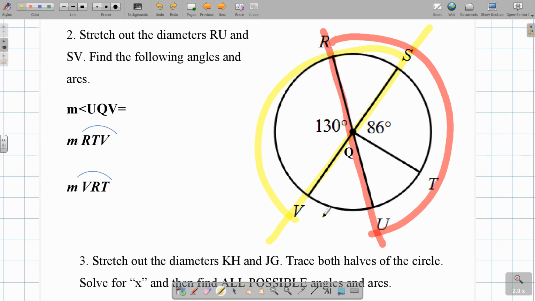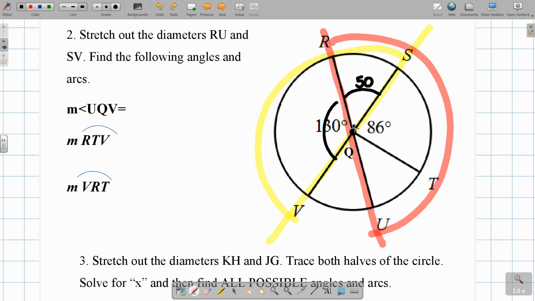We have 180 going that way. Knowing that, we're going to find the following angles and arcs. Before I go down this list, I'm simply going to find everything that's possible right off the bat. And if I look at that yellow and that's 180, if this is 130, I know this automatically is 50.